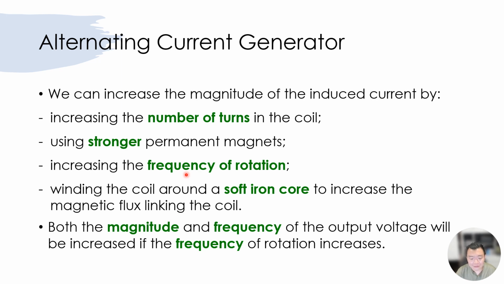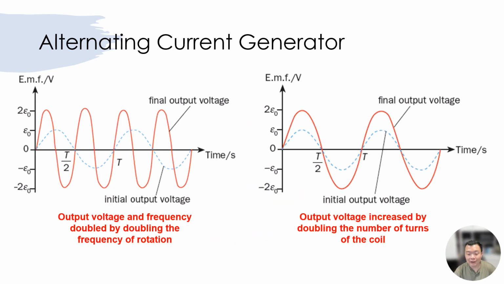So conversion energy is quite clear cut. The more mechanical energy that you input, and soft iron core, if you can position it within the wires, you basically create a stronger magnetic field. And again, the frequency of rotation. Okay.